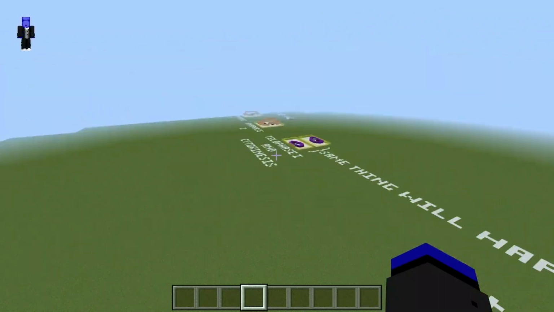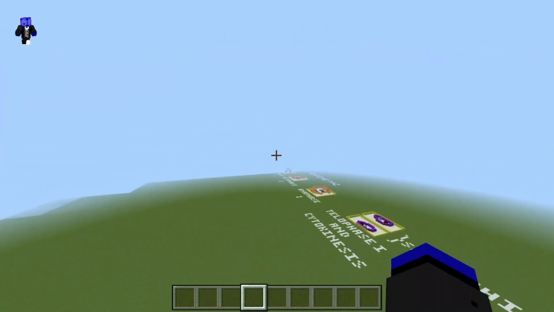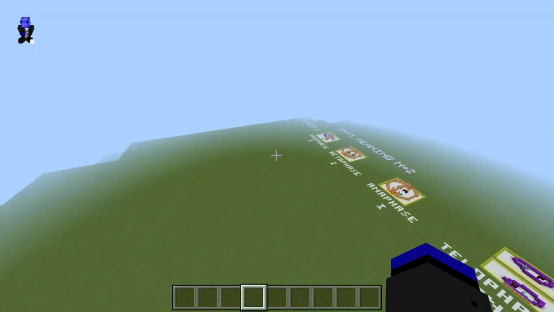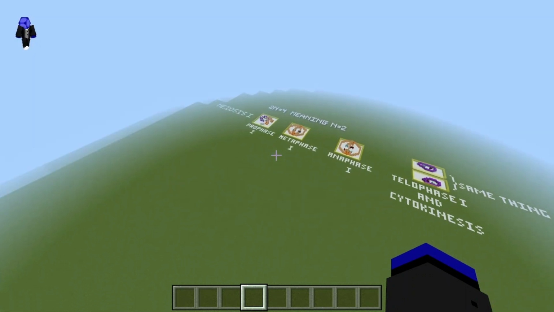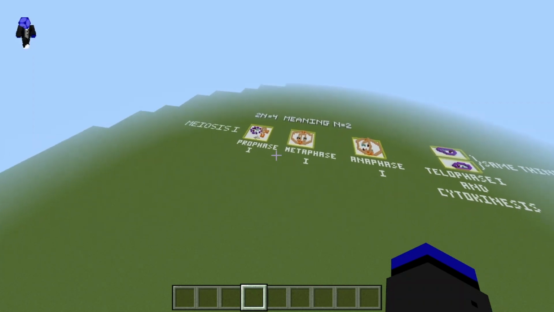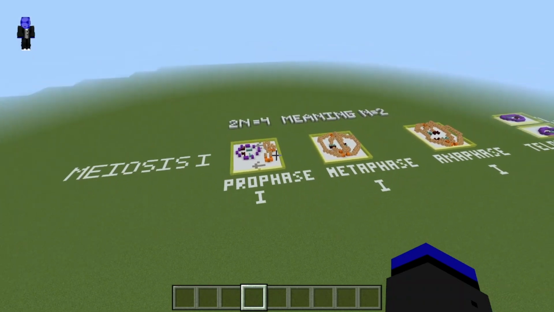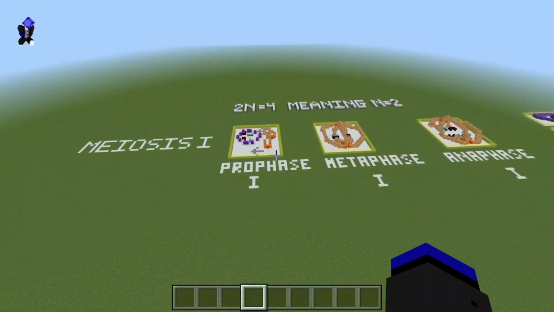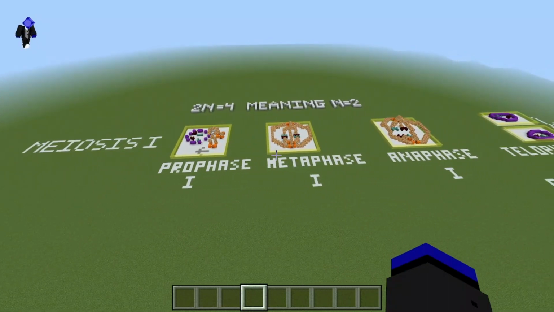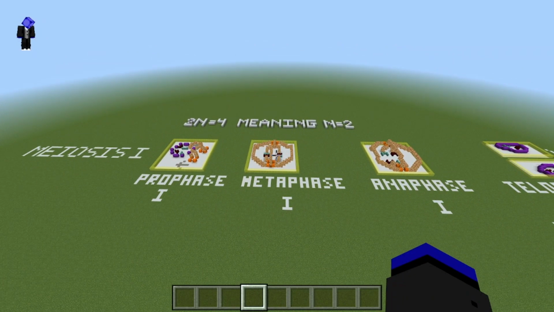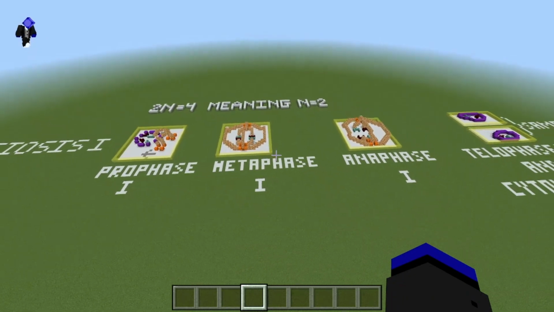And that is it. So a quick rundown. In prophase 1, the father and mother chromosomes are going to link up, and microtubules are going to attach to centrosomes, and those centrosomes are going to move to opposite poles. In metaphase 1, the chromosomes are going to form at the middle, and the microtubule spindles are going to attach to them.